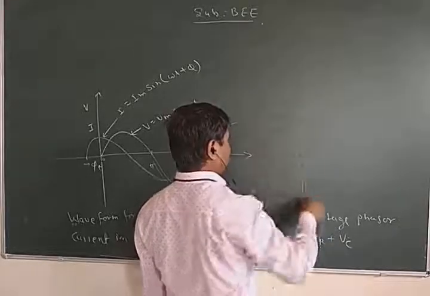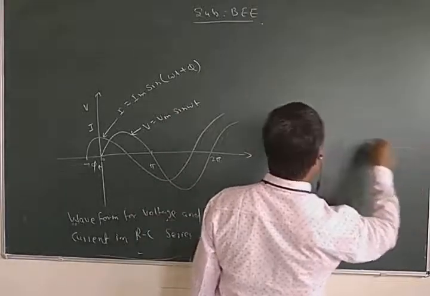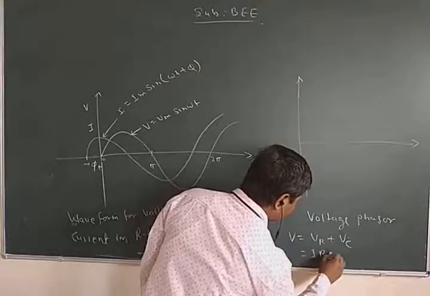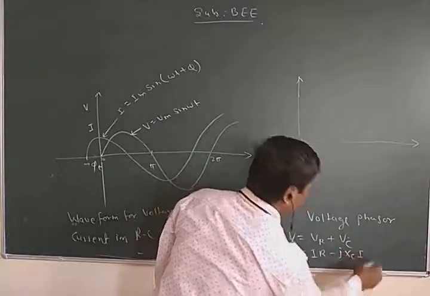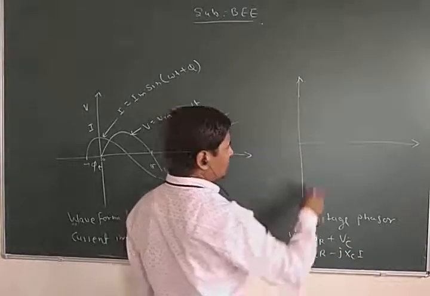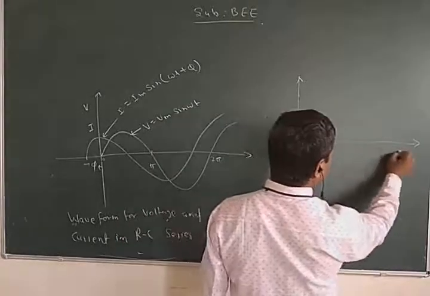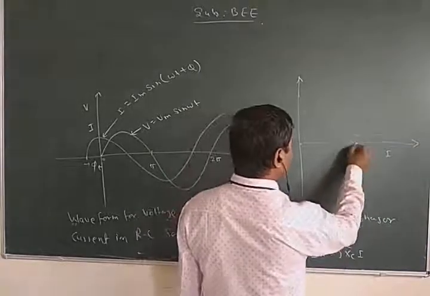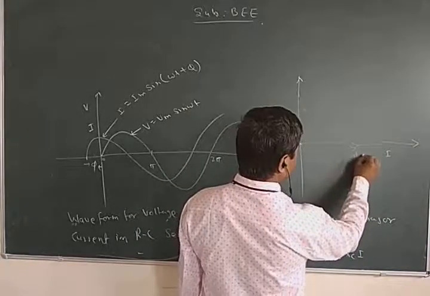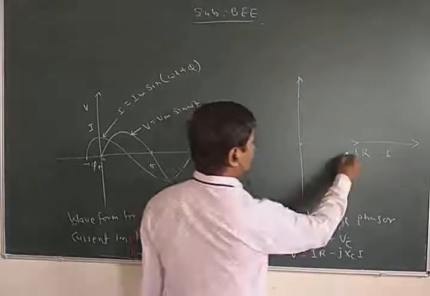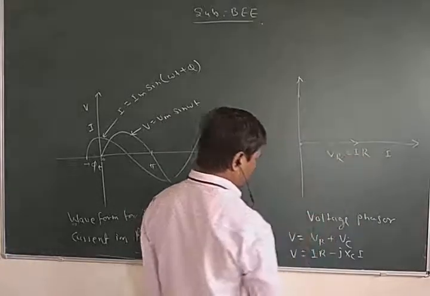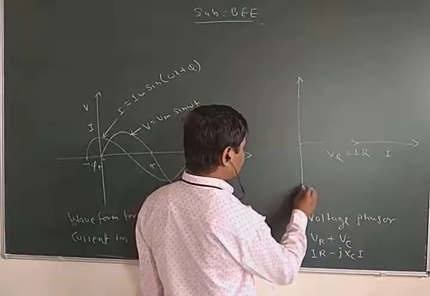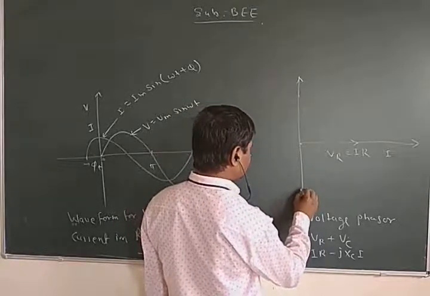So we can write here VR is equal to IR and this is minus jXC into I. If we take the current I as the reference, then IR is here, that is equal to VR, and minus jXC into I is here.